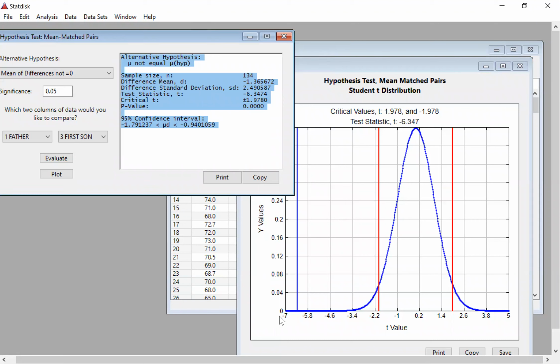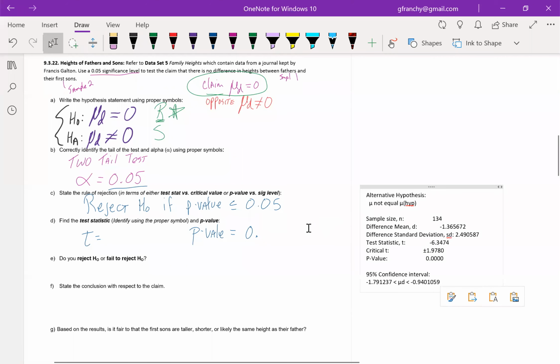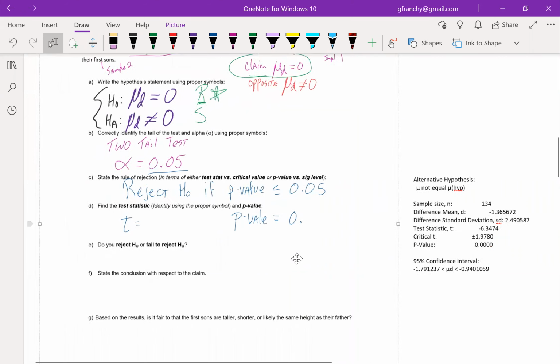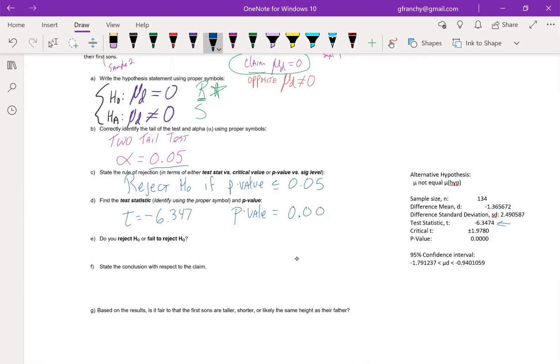So now let's go ahead, take all this information back here. And so our test statistic there is negative 6.347. Our p-value is showing, at least for the first 4 decimal places, up at 0.